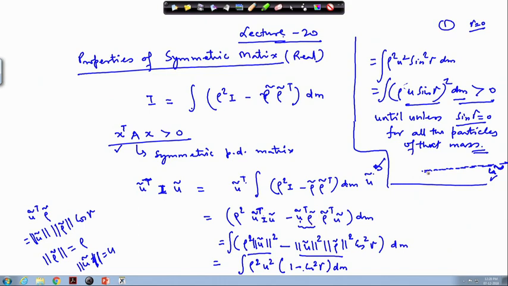This integration is over all the particles, which means that all the particles are lying over this line only. This is a very extreme distribution, and only for that case this will turn out to be equal to 0, otherwise it will never be 0, it will always be positive definite.